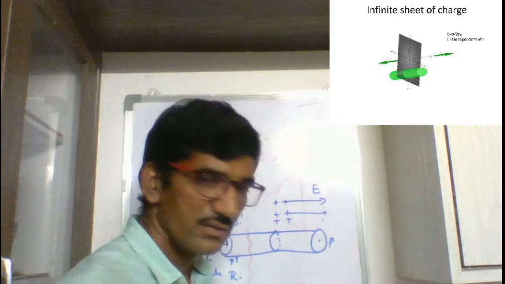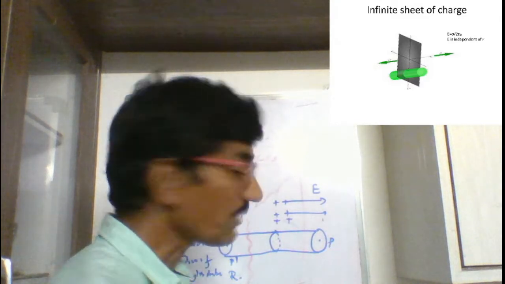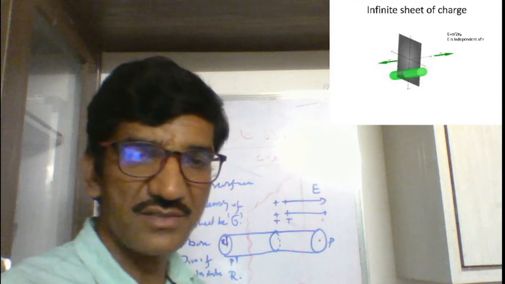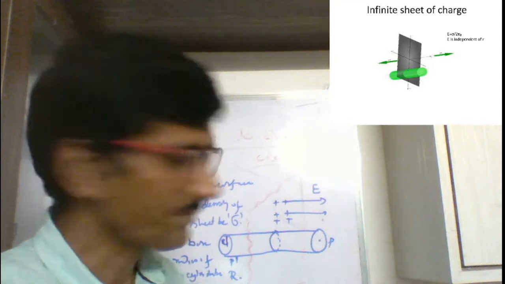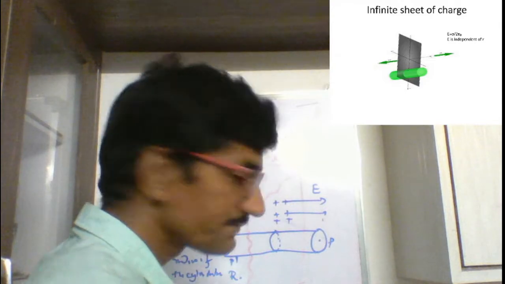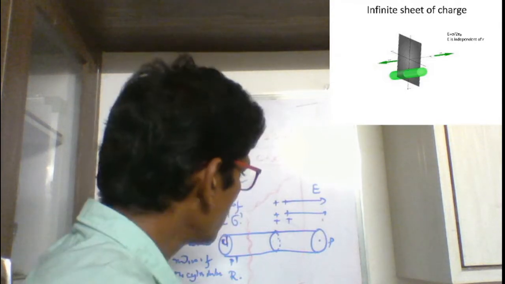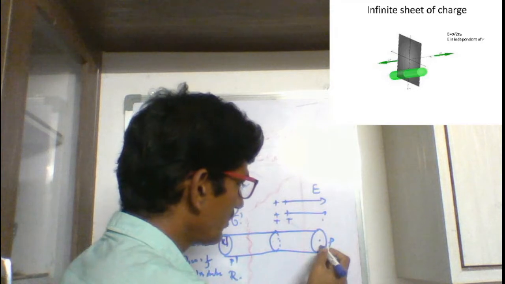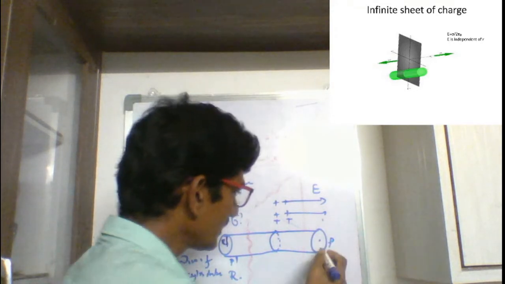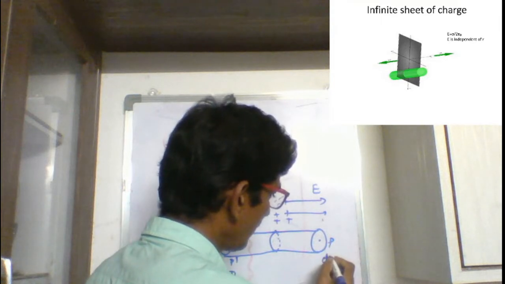Now we have to apply our Gauss law to this imaginary Gaussian surface. First of all, let us consider what this surface is.